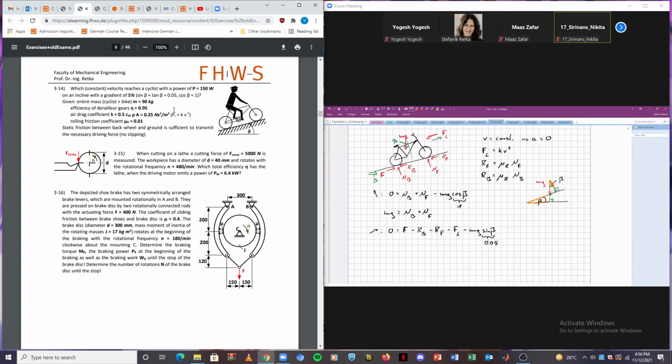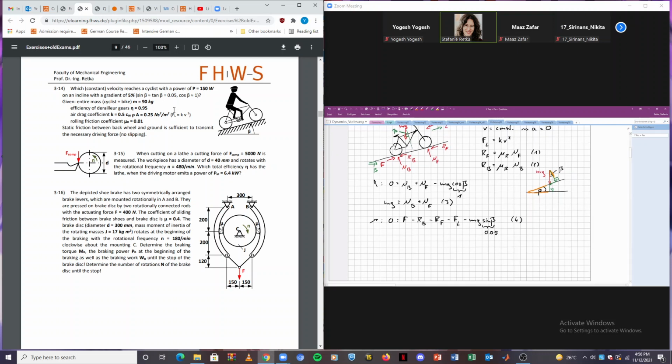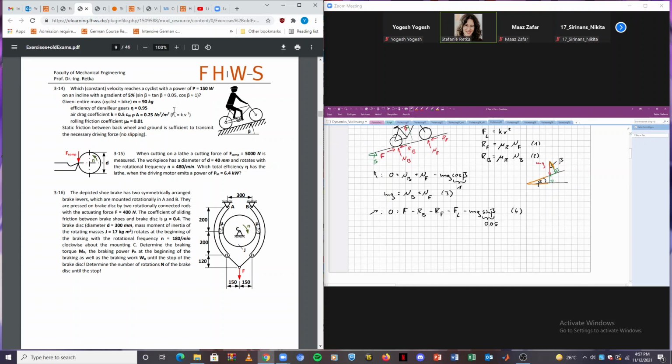Of course. Okay, now let's rearrange the two equations that we obtained. First of all, we have the relation between normal force and force of friction. Then we can substitute. I'll number all the equations, so equations 1 and 2 go into equation 3.